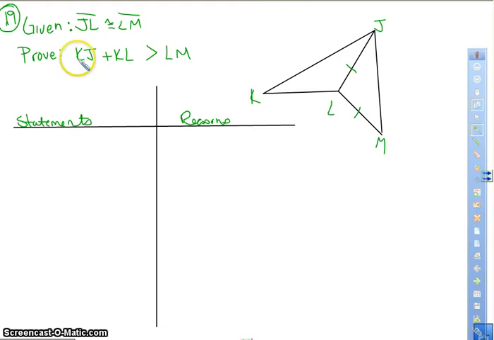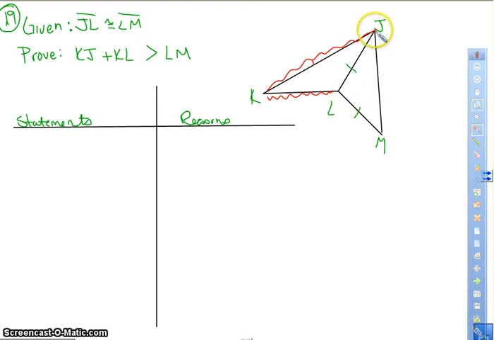It's saying that JL is congruent to LM, and I want to prove that KJ, which is right here, plus KL is greater than LM. Now a couple things you should be noticing.